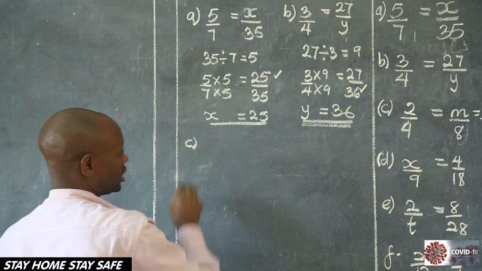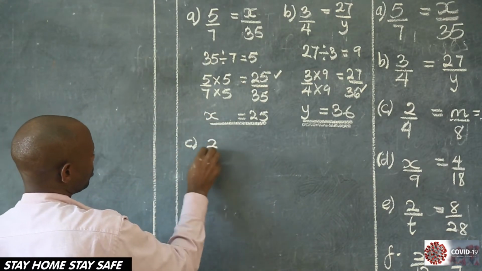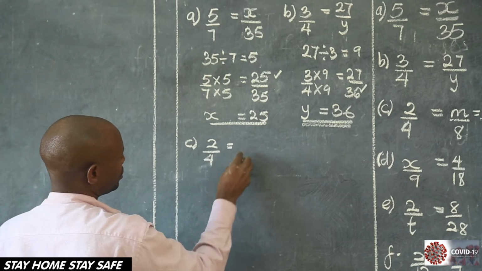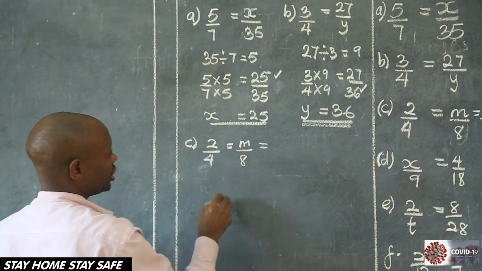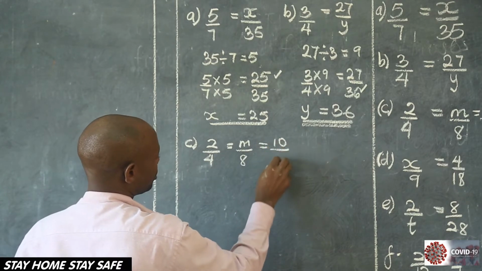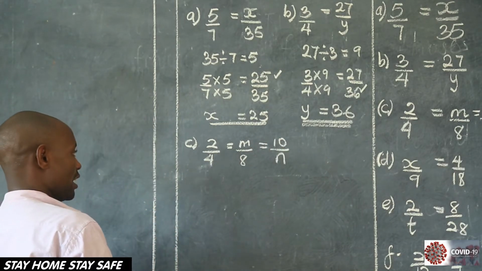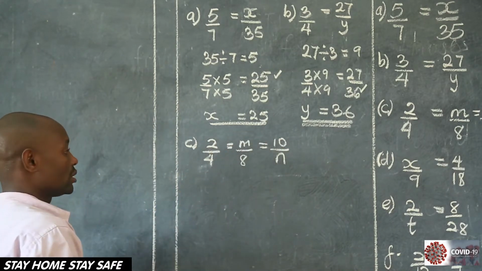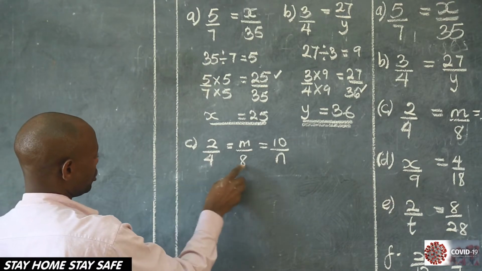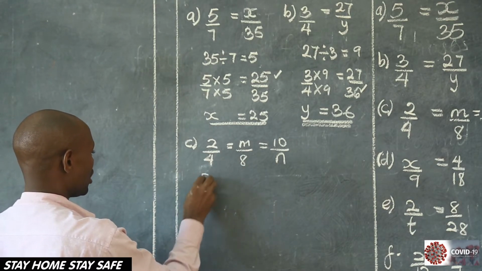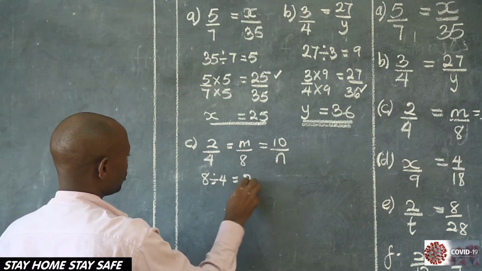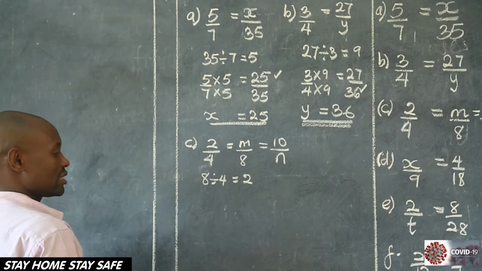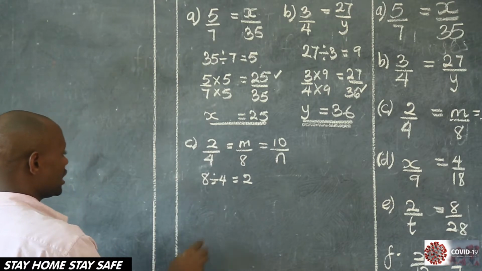Then we have C. C, we have 2/4 is equal to m out of 8, which is equal to 10 out of n. First deal with the first one. Okay? So the numerators are given. We shall have 8 divided by 4, which will give you 2. So it means the common factor here is 2.